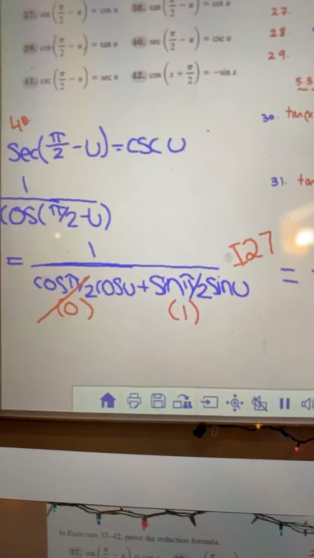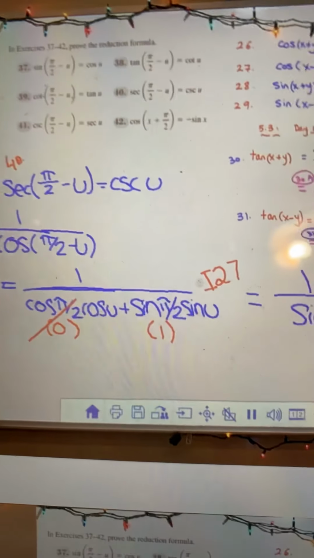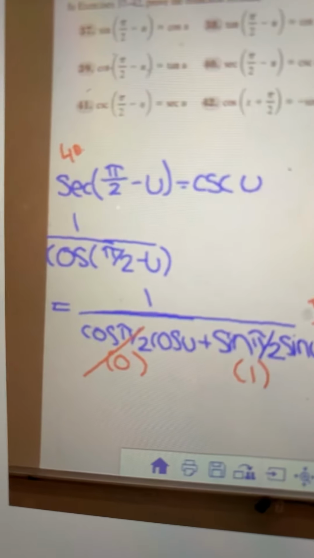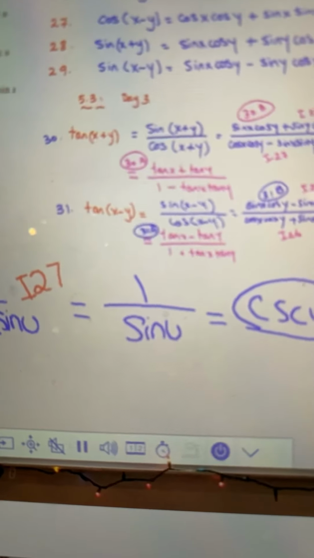And we're going to be left with sine u. Why? Again, because cosine of pi over 2 is 0. That helps me get rid of the first term, because 0 multiplied by anything is a 0. Sine of pi over 2 is 1. 1 multiplied by sine u is just sine u. So 1 over sine is cosecant, and that's what we needed to prove.